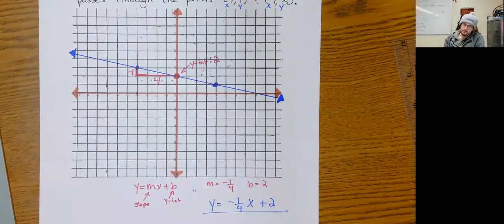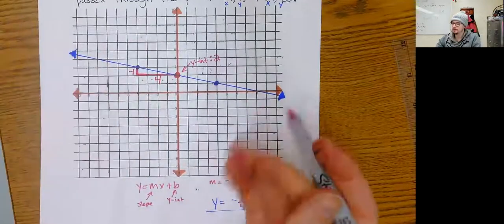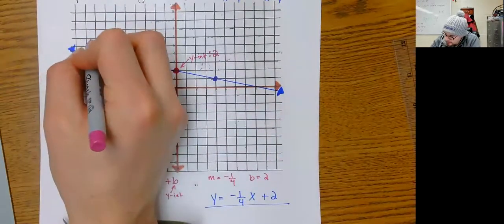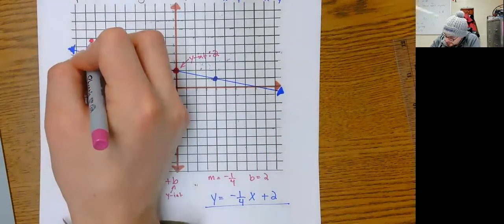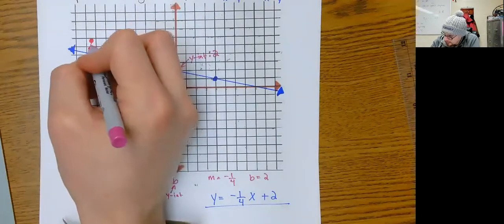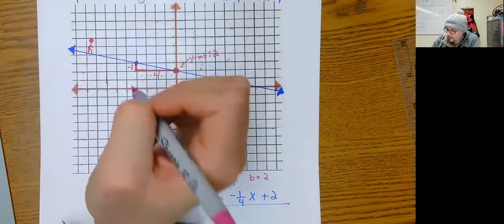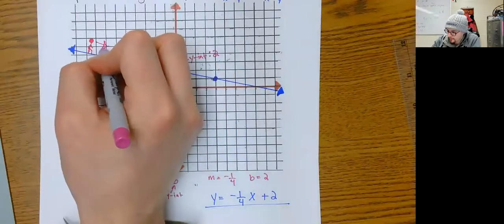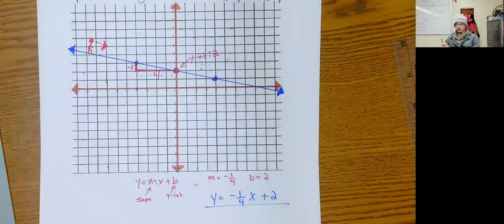Now again, how do you know if it's negative or positive? Starting on the left to the right, you got your little dude over here, right? And he is walking down the hill, down the ramp, walking down the ramp.